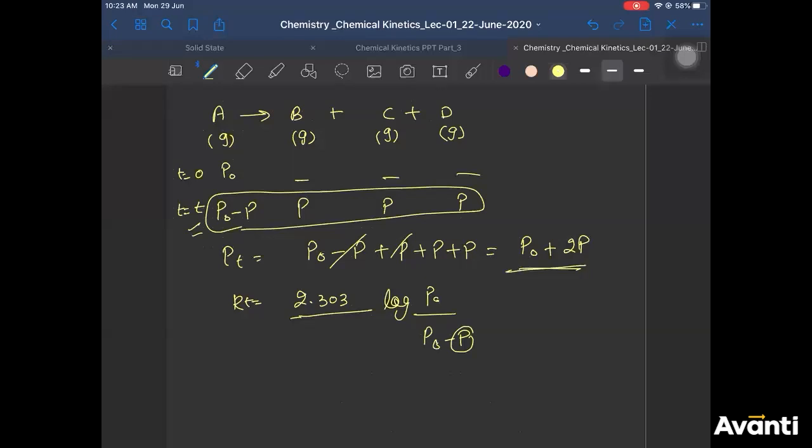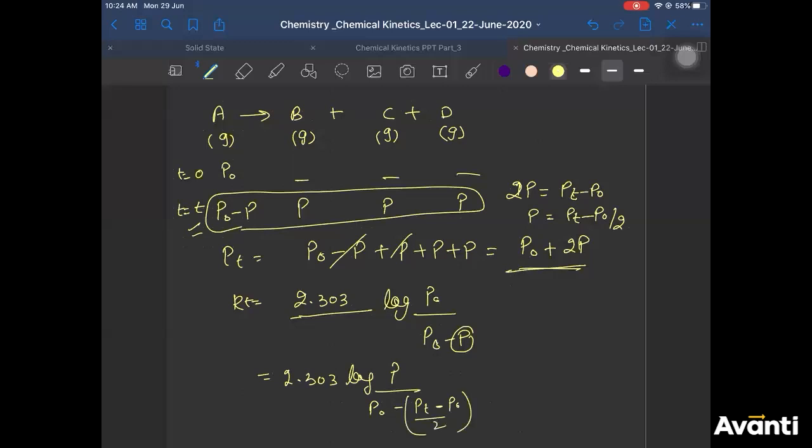From here 2P will be equal to PT minus P naught, and P will be equal to PT minus P naught by 2. So what do you get? You get 2.303 log P naught by P naught minus (PT minus P naught by 2). This is the expression you will get. Correct?